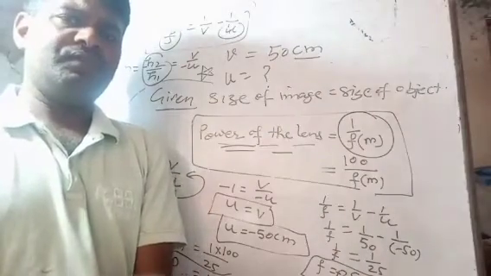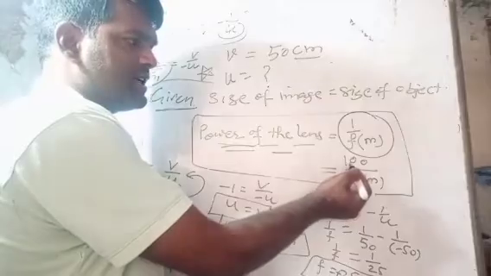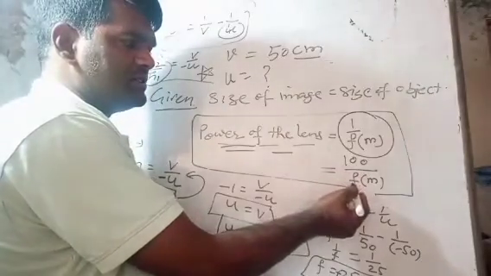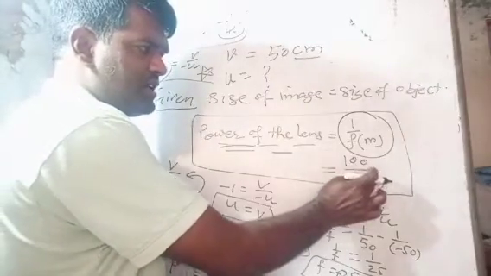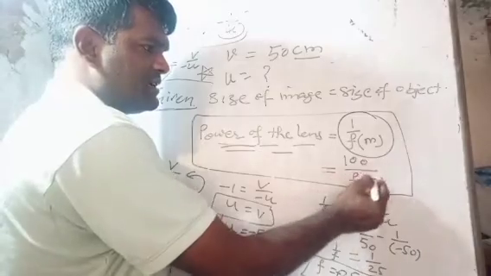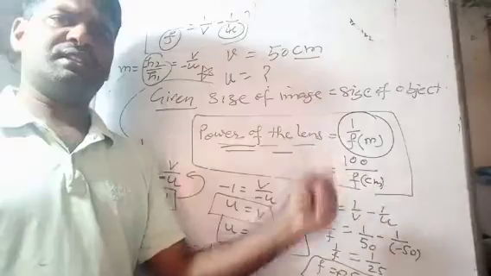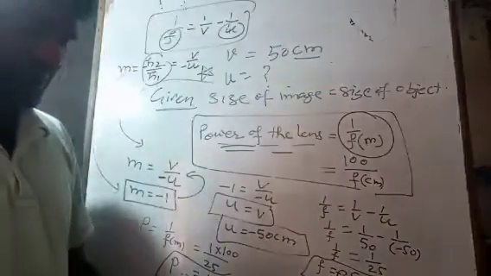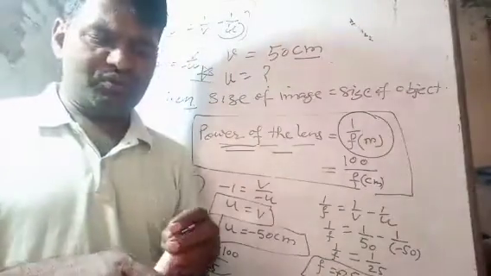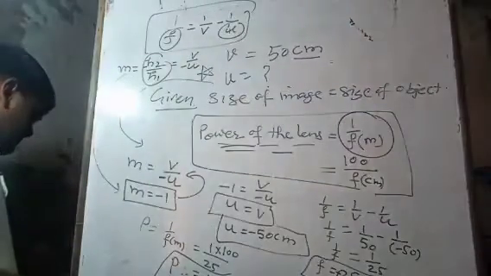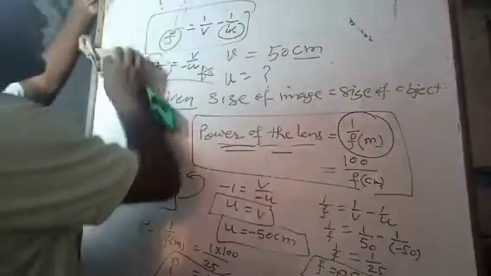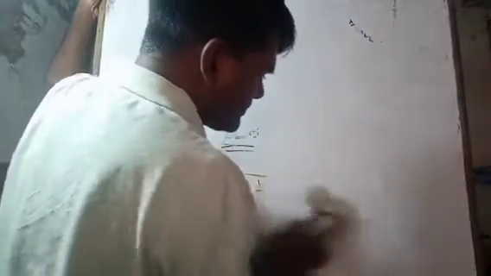If it is written as 100 by f, then instead of meter write centimeter here. If the power of a lens is shown as 100 by something, then centimeter should be there. Now let's discuss what care should be taken for solving numericals.